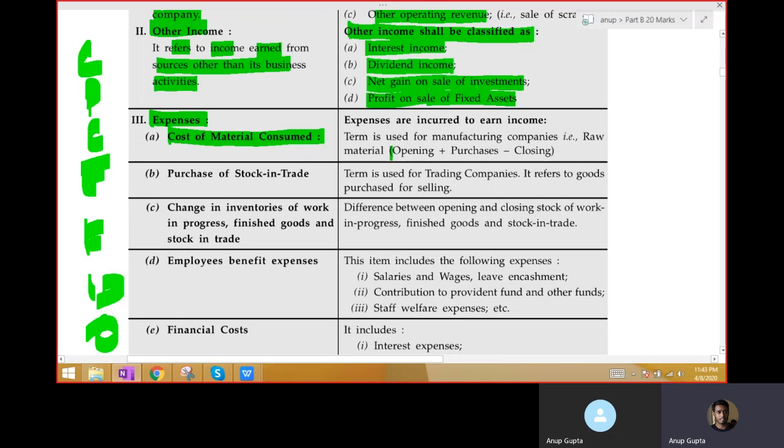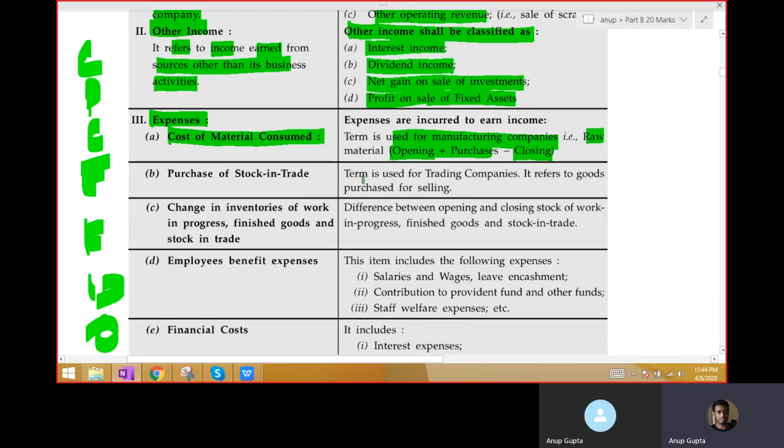How much raw material we started with, and how much raw material we have purchased during the year, we have consumed whatever we have purchased, but something might be left, deduct that, and that will be the raw material consumed during the year. Cost of materials consumed is used for manufacturing companies only. So if you are making a statement of profit and loss for a manufacturing company, there has to be cost of materials consumed.